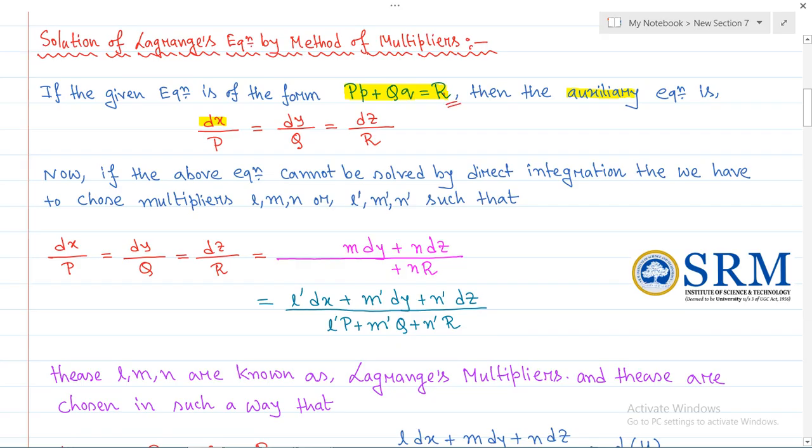In the last video lecture I already discussed the classification of partial differential equations and also its solution technique by the direct method. All of you know from the last video lecture that the auxiliary equation of such a quasi-linear equation can be written in the form dx upon P, dy upon Q, dz upon R, and all these three factors are equal to each other.